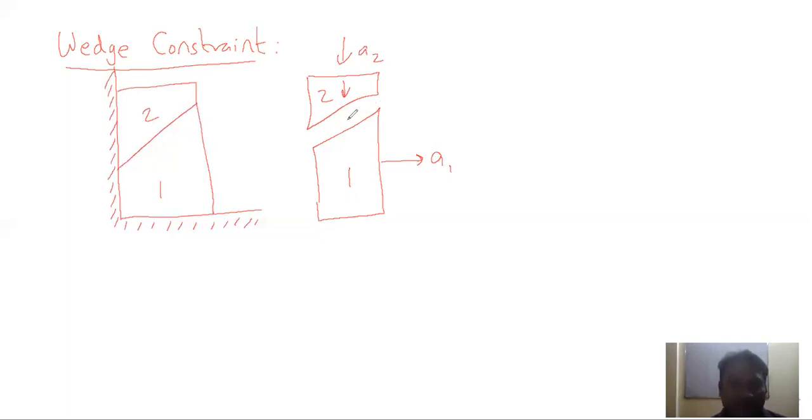Now, let me consider the components which are perpendicular to the incline. Let us say this angle here is theta. Now, for the component of acceleration A2, let me make the diagram more properly. Let us show a new diagram here.